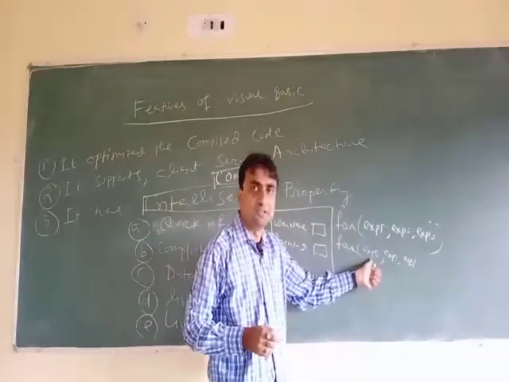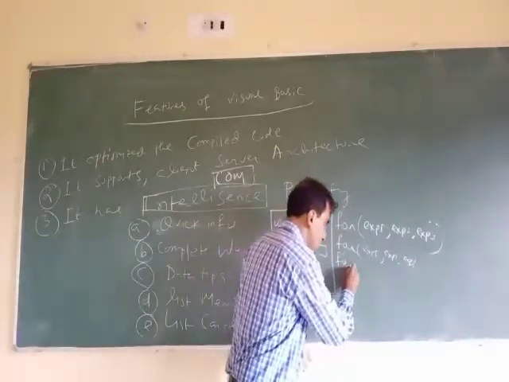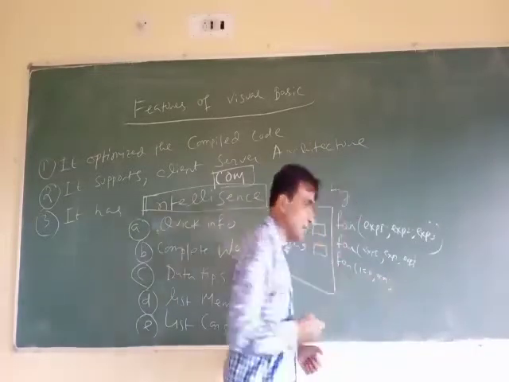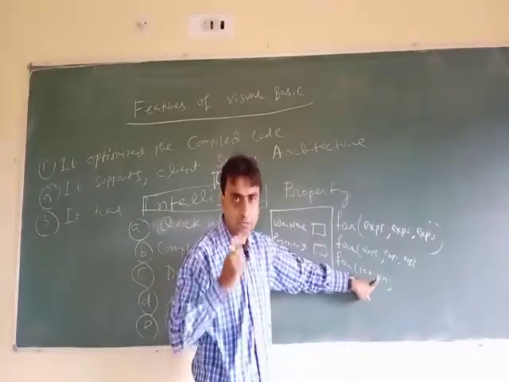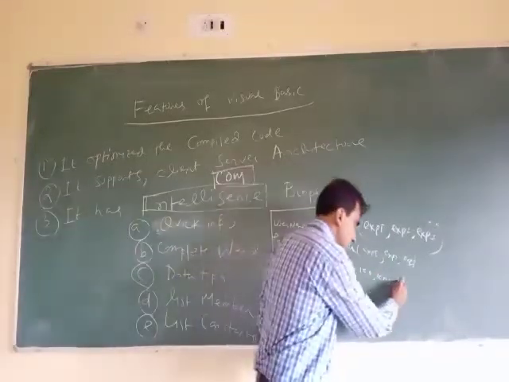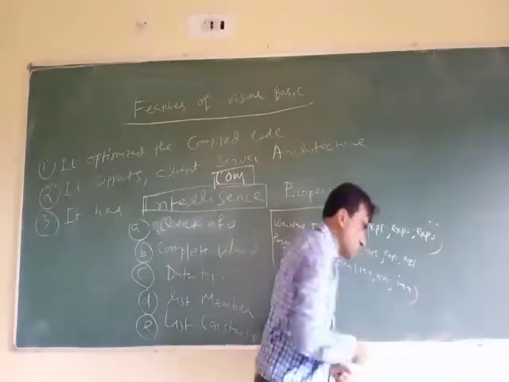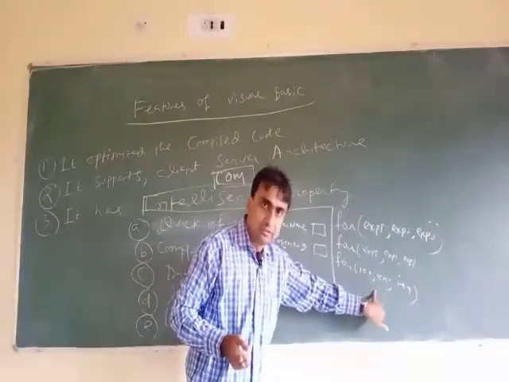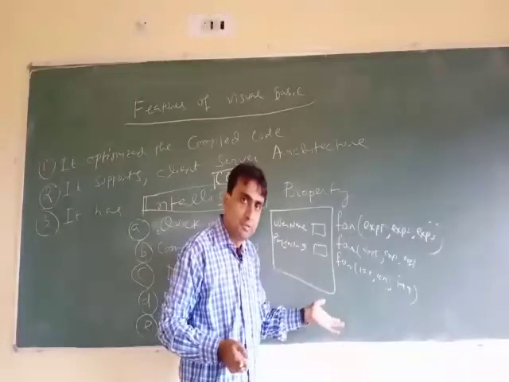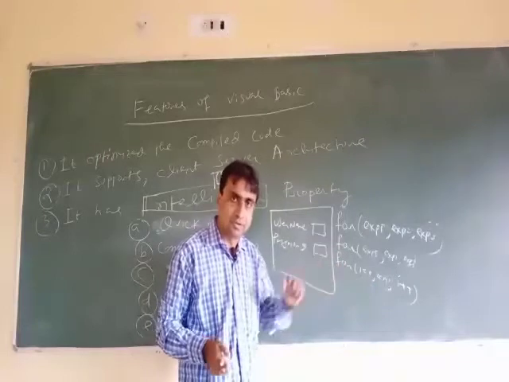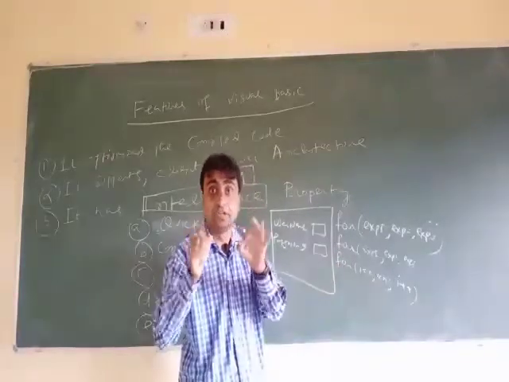Expression 1 is initialization, i equals 0. Expression 2 is for the condition, i less than n, and expression 3 is for increment or decrement. This is user defined. You are using your own variables, constants, conditions, increment or decrement, but the syntax is built in.